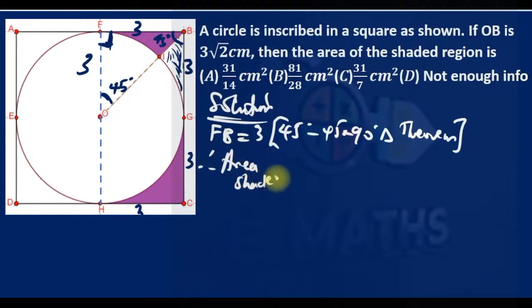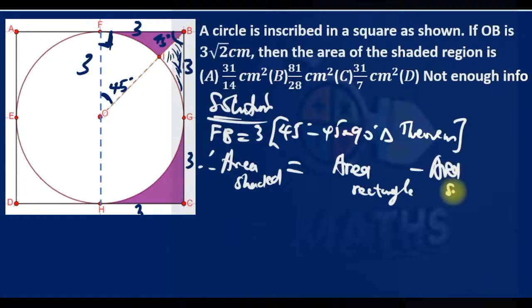Therefore, the area shaded is equal to, as I told you, assuming we shaded this region, the area of the rectangle minus the area of the semicircle. But they didn't give us this part.